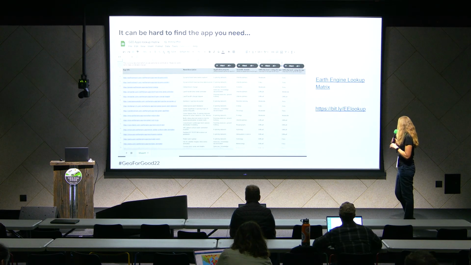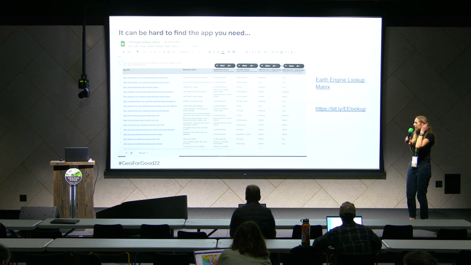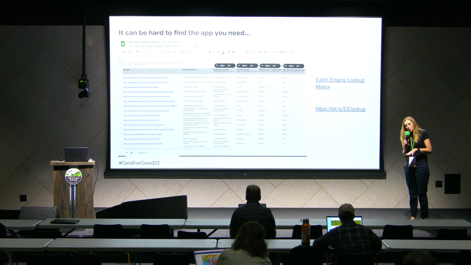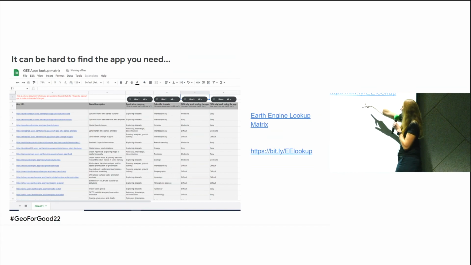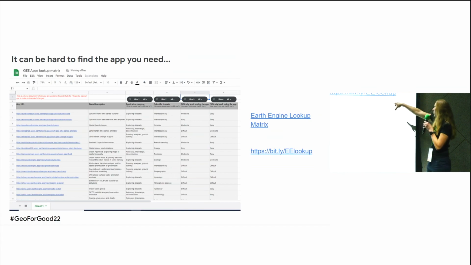There's a link to the presentation on the website, and then there's another link that also links to this matrix, so you can access it that way, or you can just type in this link, which is the bit.ly link with Earth Engine lookup, and you should also get to the same place.